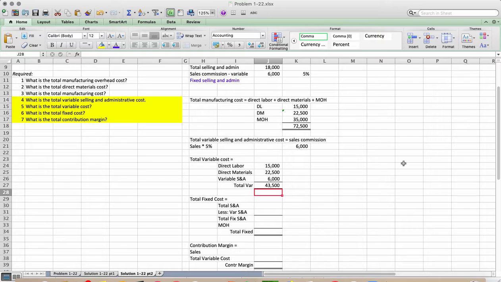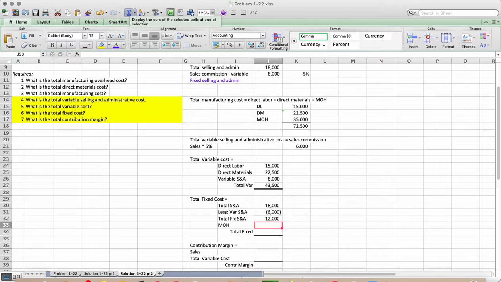Number 6, what is the total fixed cost? Well, this one's a little more complex, but I've listed it out for you. If we start with our total selling and administrative, which the problem gave us, it's 18,000, and we subtract the variable, also known as sales commission in this problem, that will get us to total fixed selling and administrative.